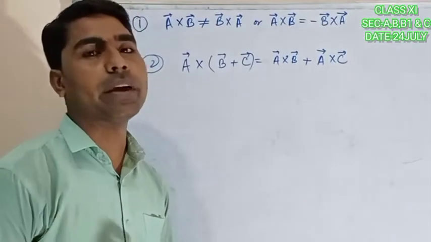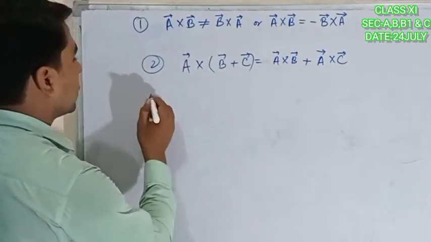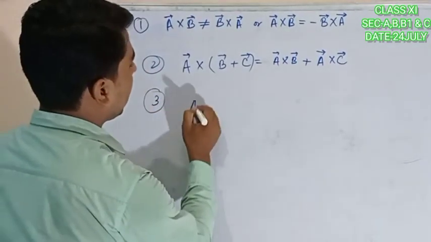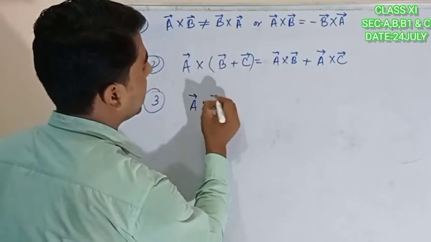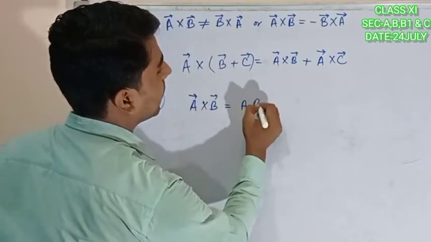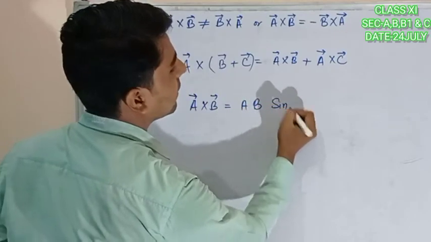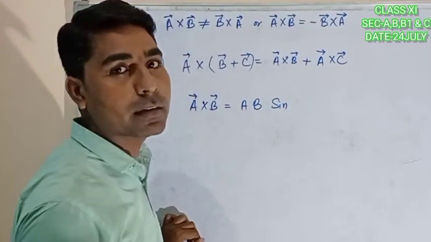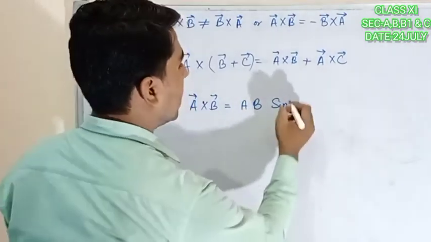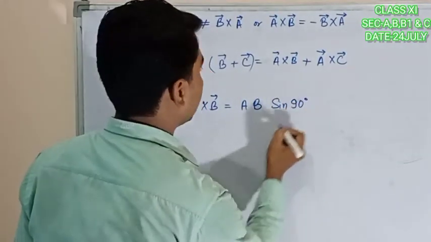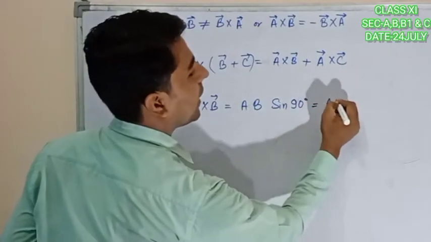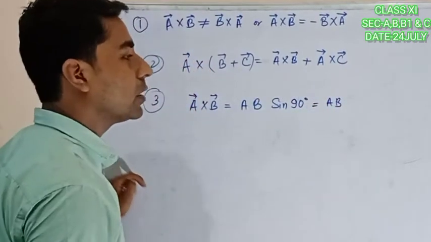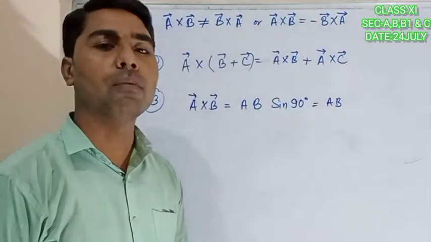Third one, if the two vectors are mutually perpendicular. So vector A, they are mutually perpendicular. Cross vector B is equal to AB sine of the angle, which will be 90 because they are mutually perpendicular. So what will you get here? AB only, because sine 90 is 1.